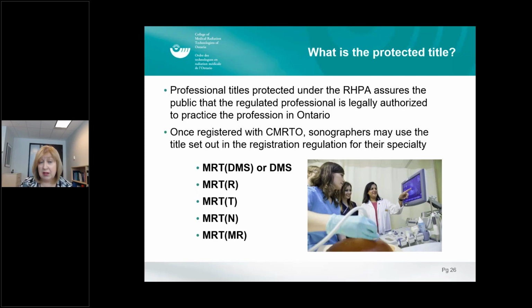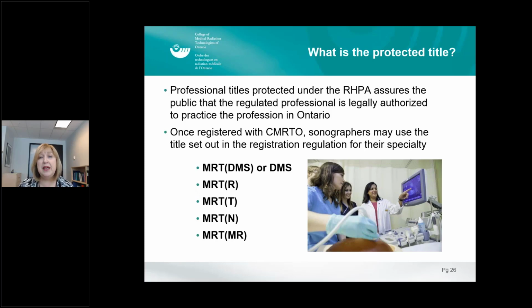For sonographers, it is MRT bracket DMS, or you can also use the DMS on its own. That's the only specialty that doesn't have to use the MRT ahead of the specialty area. And there you can see the other 4 specialties that CMRTO regulates: radiography, radiation therapy, nuclear medicine, and magnetic resonance.